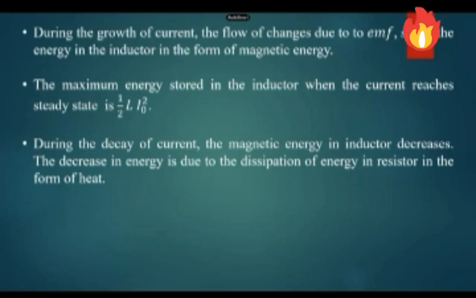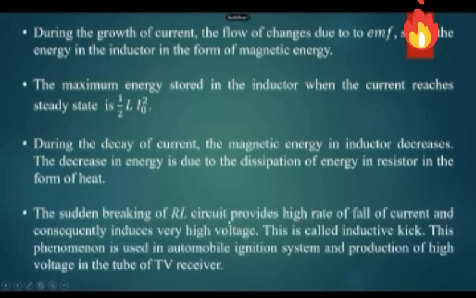Because of that, the energy decreases when there is a decay of current. The energy is given by half L I square, so as the current decreases, the total energy also decreases.